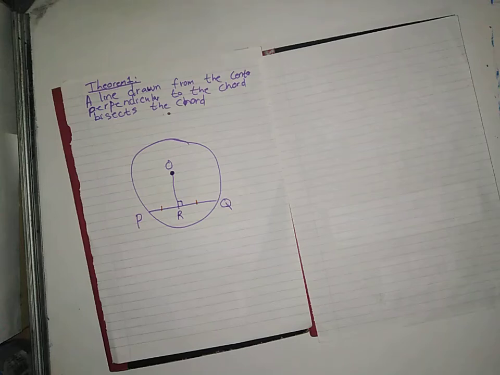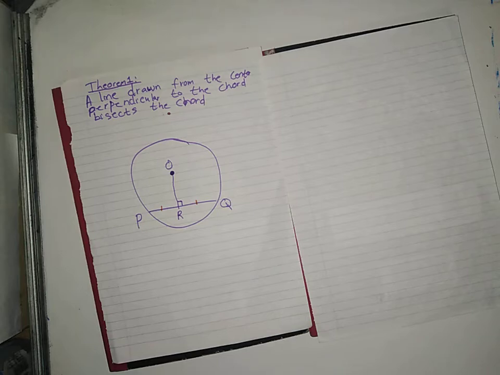Now, if you have used this theorem, ladies and gentlemen, there is a shorter way in which you should show that you have used this theorem, which is basically a short version of this theorem. So what do you then say when you have used this theorem?